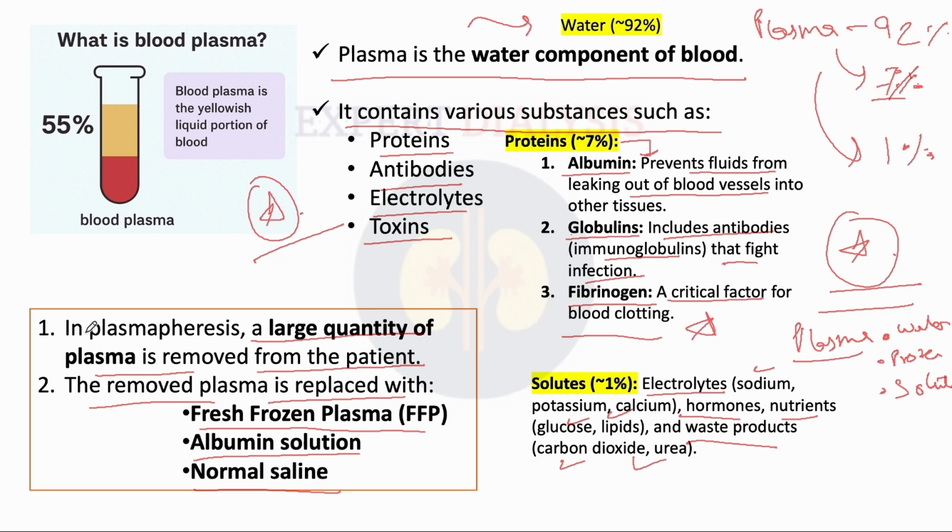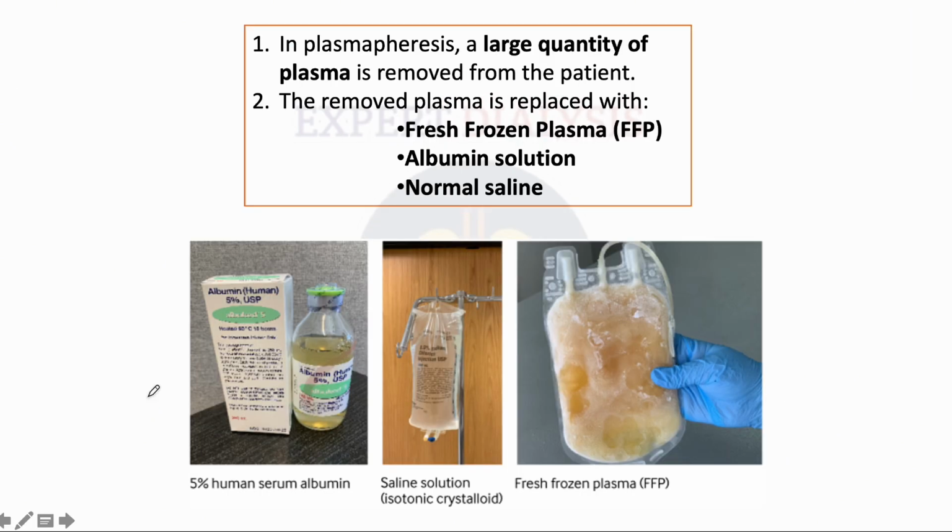Since we are removing the plasma part from the blood, we obviously have to replace it with something else. For replacement, we use FFP, that is fresh frozen plasma, albumin and sometimes NS. So in plasmapheresis, a large quantity of plasma is removed from the patient, and the removed plasma is replaced by FFP, albumin solution or normal saline.